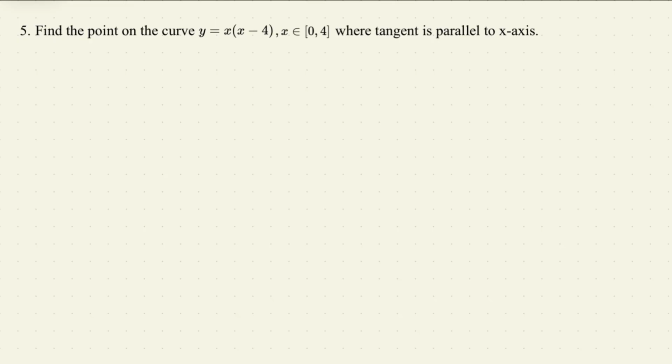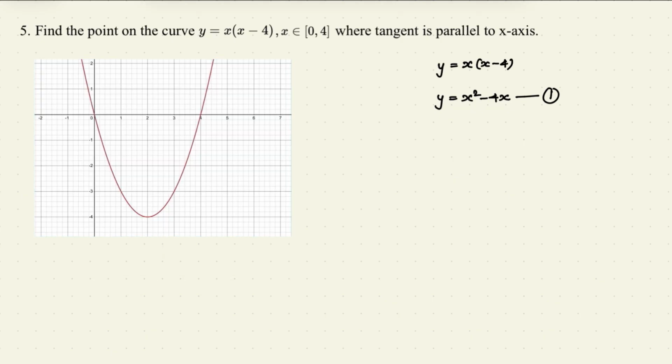So first let me show you a graph of this function. That is, our given function is y equals x into x minus 4, which is x square minus 4x, and let this be equation 1. And if I show you the graph of this function, then it's like this. This orange line is the graph of this function, that is y equals x square minus 4x.